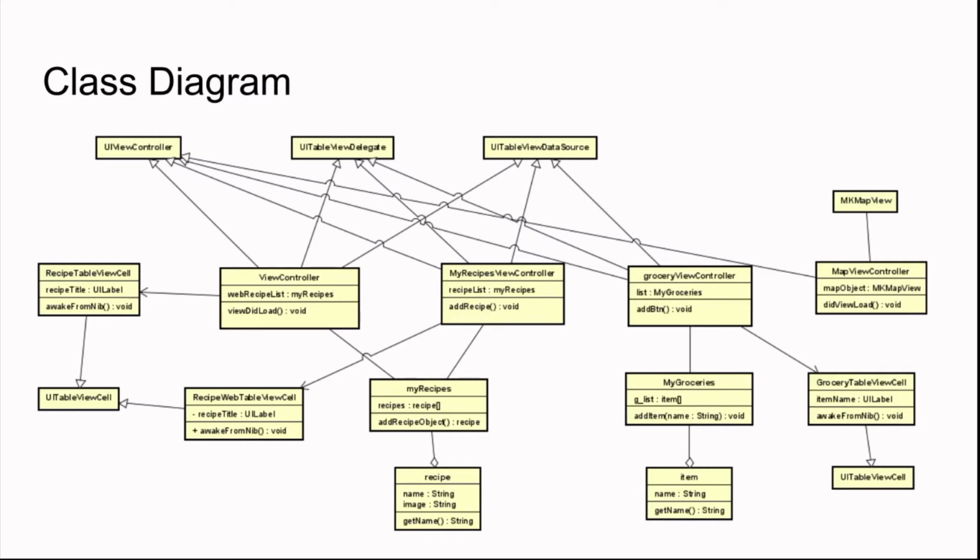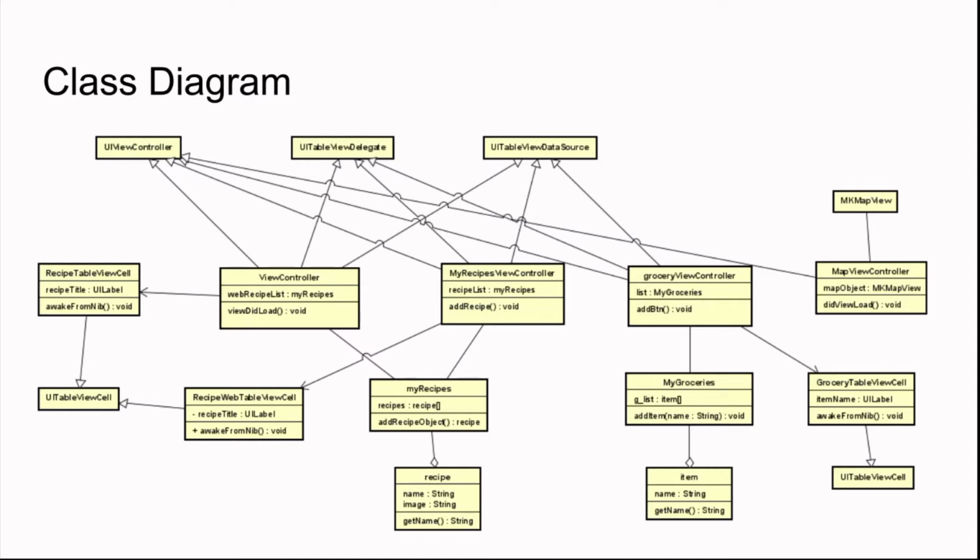And some things that I've changed since my original class diagram: I had split up a recipe class. I had a single recipe class for a web recipe, and then a recipe class for a personal recipe, but I realized that I didn't need those two separate recipe classes.